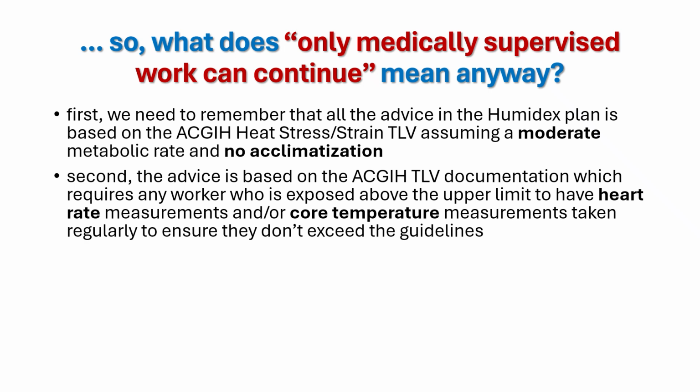Second, the advice is based on the ACGIH TLV documentation, which requires any worker who is exposed to above the upper limit to have heart rate measurements and or body core temperature measurements taken regularly to ensure they don't exceed these medical guidelines.